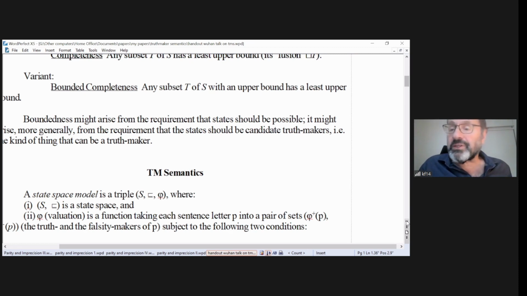Now, another distinctive feature, at least of some versions of Truthmaker semantics, not of all versions, is that it's bilateral. That is, we separately, independently specify the truth makers and the falsity makers. Now, go back to possible world semantics. When we do a possible world semantics for a language, let's suppose we're just doing it for the propositional calculus, for each sentence letter we'll say in which possible worlds it's true.